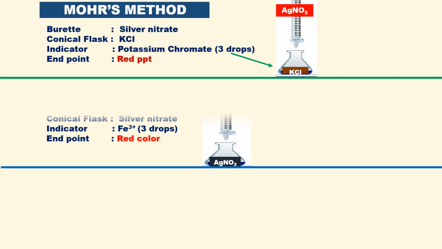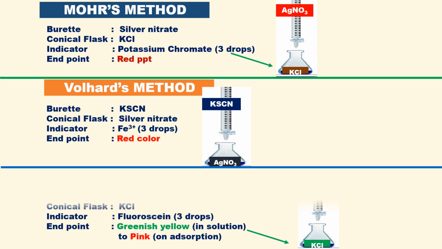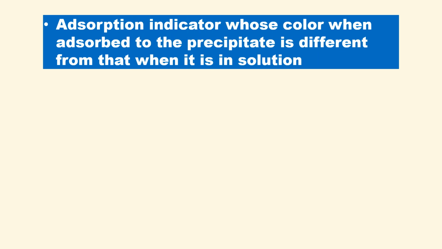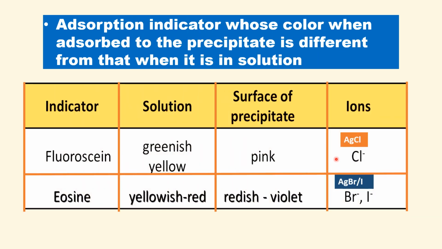So this is the summary of the 3 methods I have given here for comparison and differences. For chloride ions, fluorescein is used as the adsorption indicator. And for bromide and iodide ions, eosin is used as the adsorption indicator.